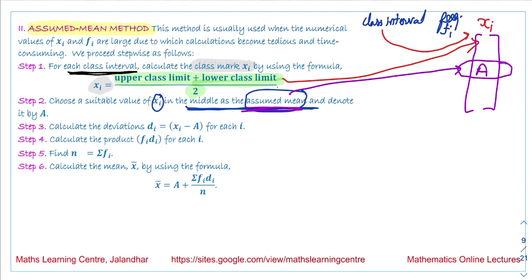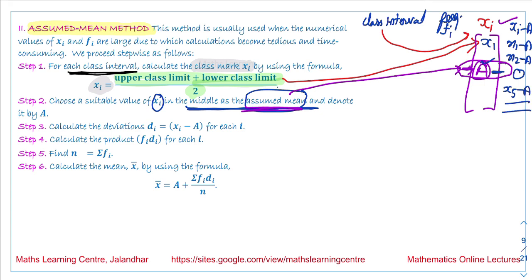Whatever values of xi we get, the middle value we name as a, and we subtract all the xi's from this a. So we are calculating xi minus a. Suppose x1 is there, so we calculate x1 minus a. Next x2 minus a. For the number we have assumed equal to a, we will get 0. So it is x5 minus a.